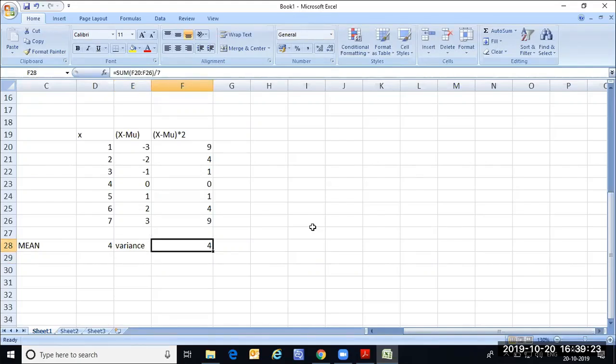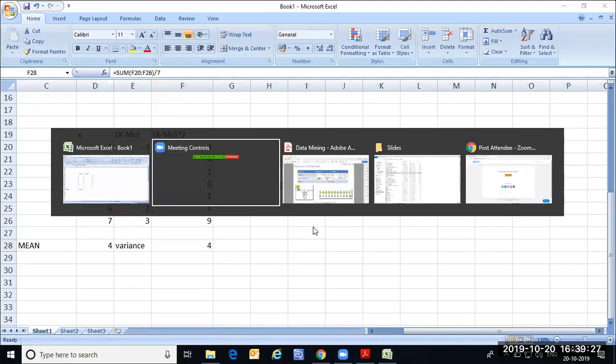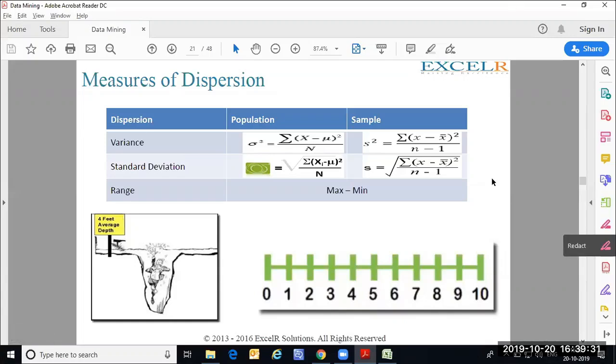Clear? The population parameter for the variance, sigma square, is equal to summation of x minus mu whole square divided by n.